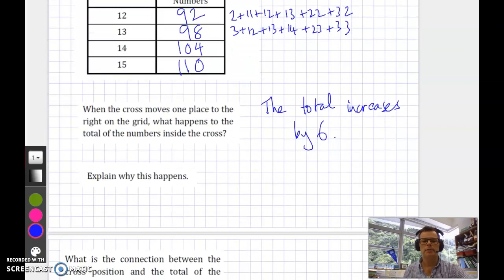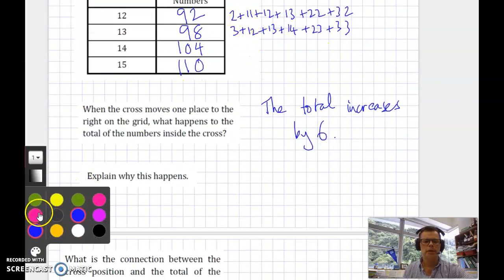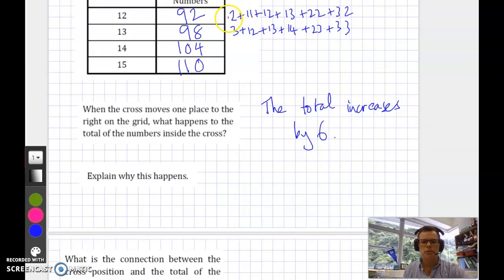Well, it happens, I think, because we've explained up here, haven't we? We've noticed that each one of these gets one bigger. Each one gets one bigger. Each one gets one bigger. So if there's 6 of them all getting one bigger, then of course we're going to add 6 in total.